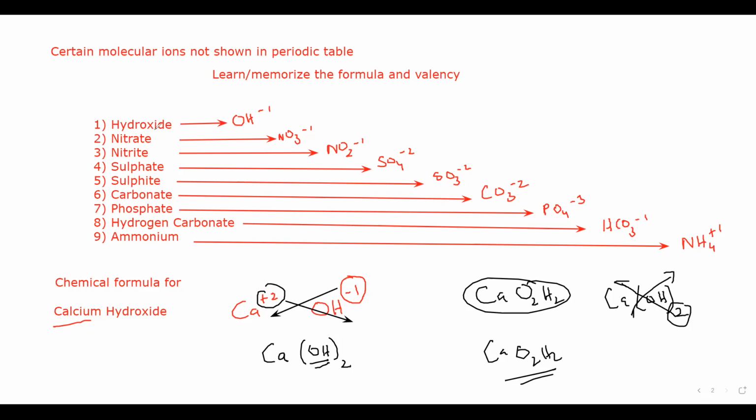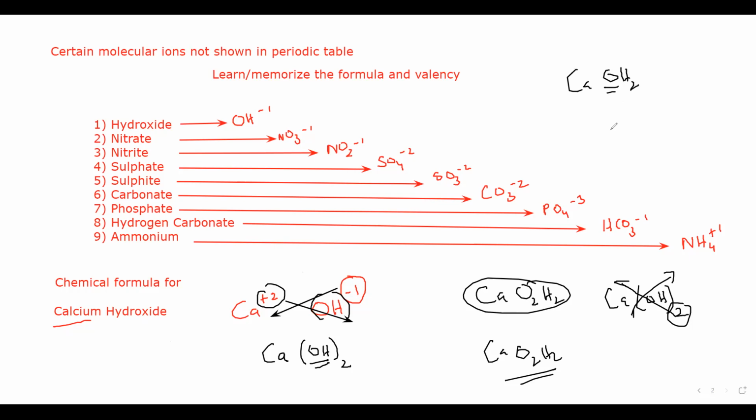Can't we write CaOH2 without the bracket? If you write CaOH2, it means that this 2 is with hydrogen only, not with oxygen. But when we cross multiply, this 2 is coming with both hydrogen and oxygen. That's why we cannot write only with hydrogen.